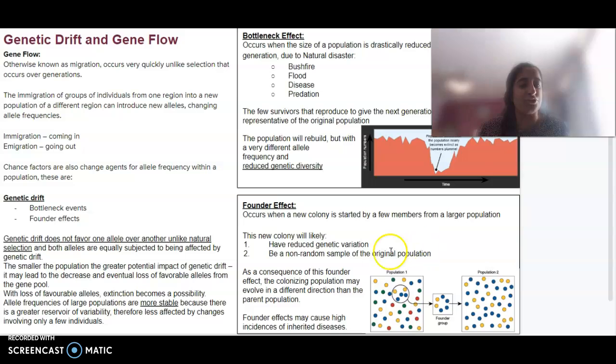So say this is our original population, okay, a small group of those decide to leave, and that's called that founder group, and they will create their own population, and so the variation in that population as well will be substantially lower compared to the original. So they might evolve differently to what the original population was. And a lot of the time, founder effect might cause high incidences of inherited disease as well.